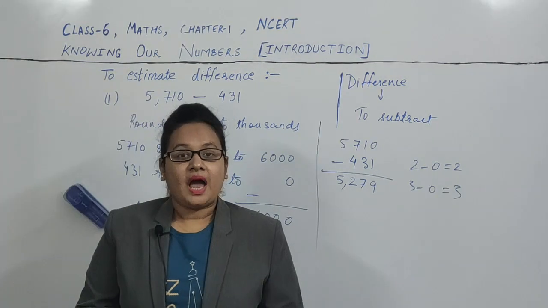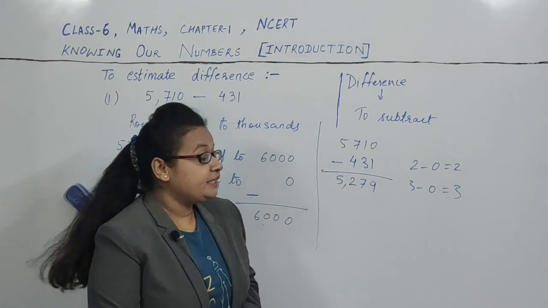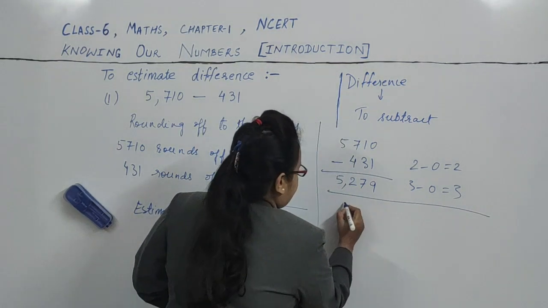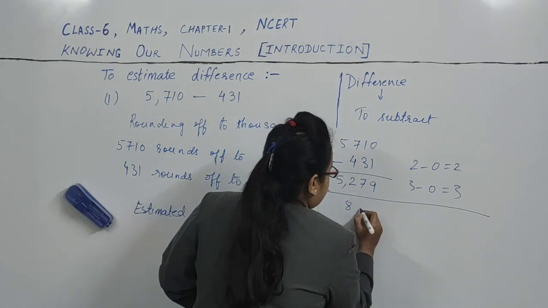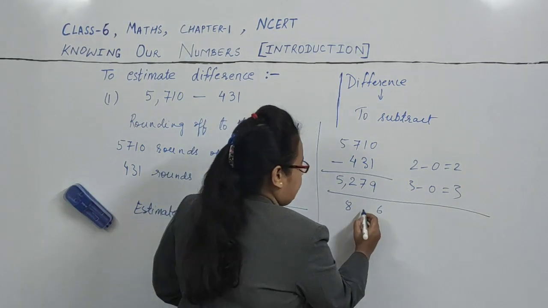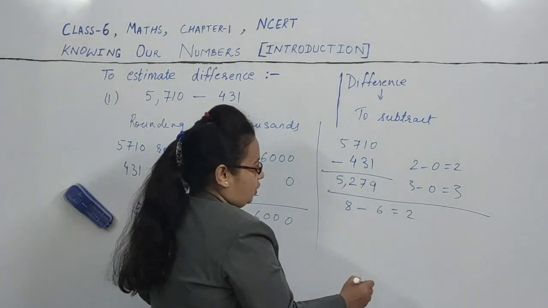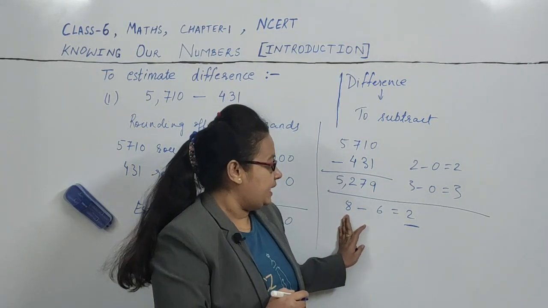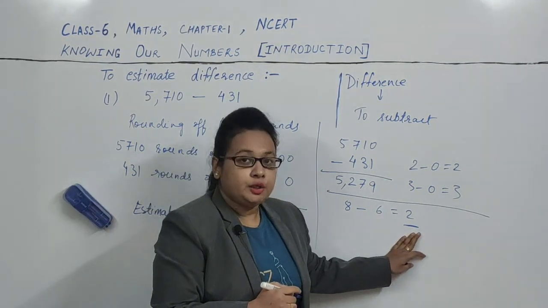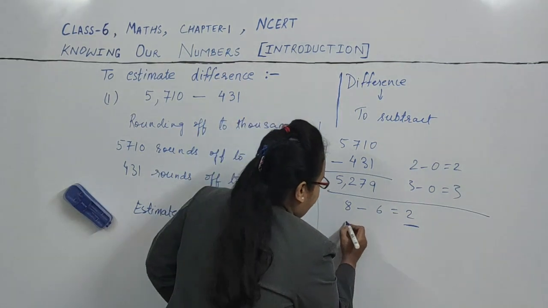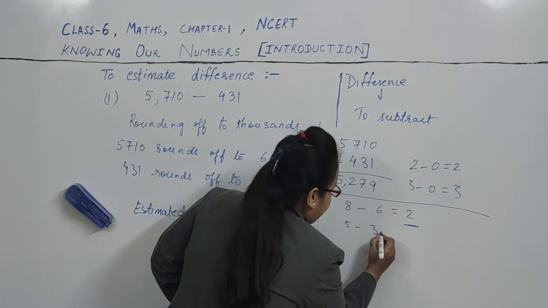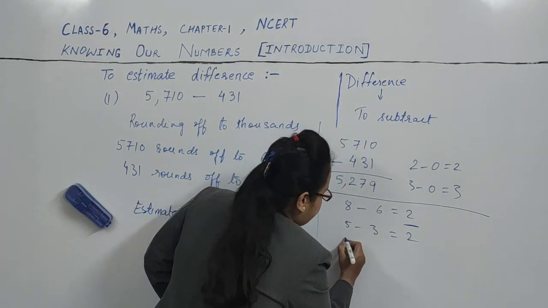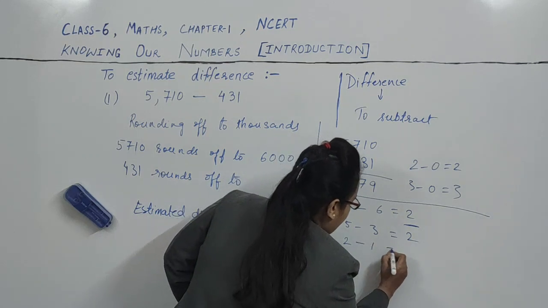And one more thing: when we are finding the difference between two numbers like 8 and 6, we subtract, we get 2. The difference between 5 and 3 is 2, right? The difference between 2 and 1 is 1.